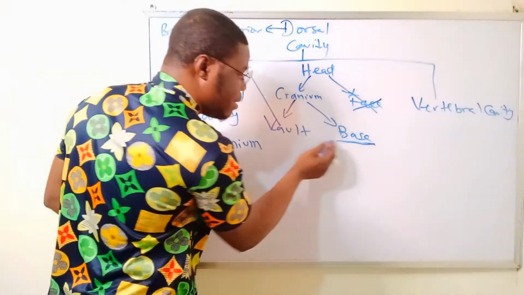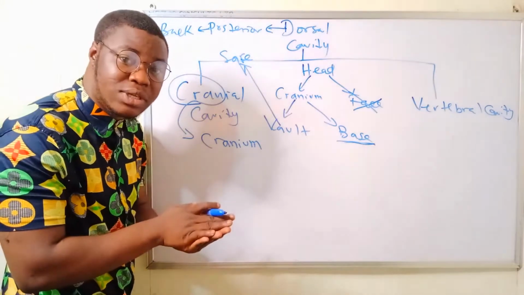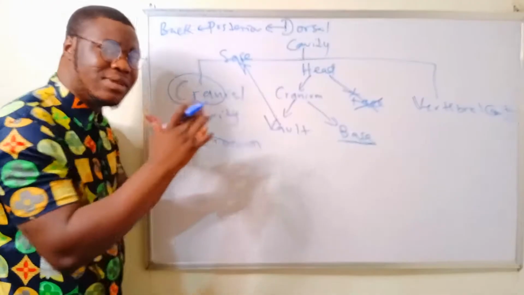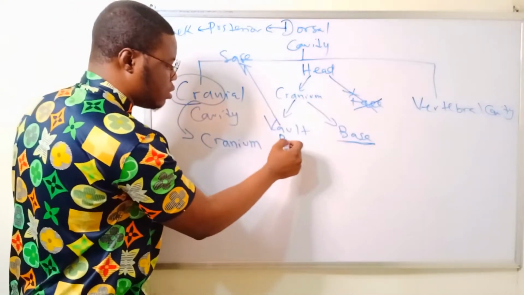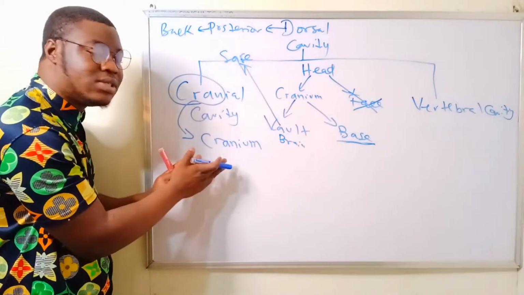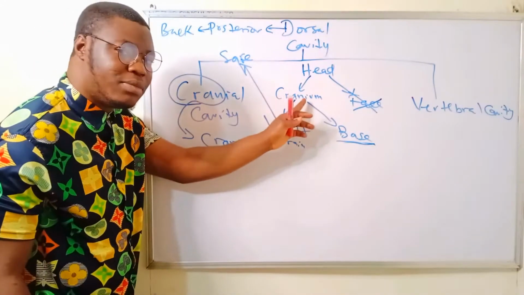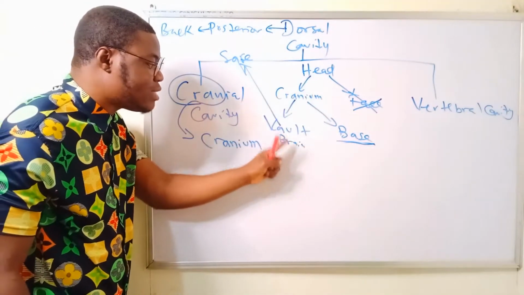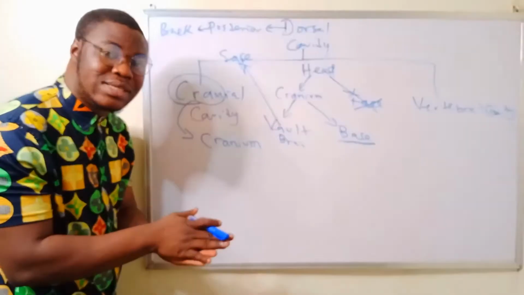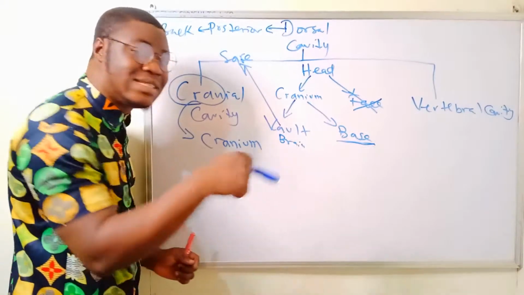Base actually means the lower part of something. So it means the vault is keeping something valuable, which is the brain. And that will tell you straight up what this cranial cavity contains. So the cranial cavity is under the cranium and it's keeping an important organ called the brain. And then the base is somewhere underneath, so the base is where this brain is sitting on.